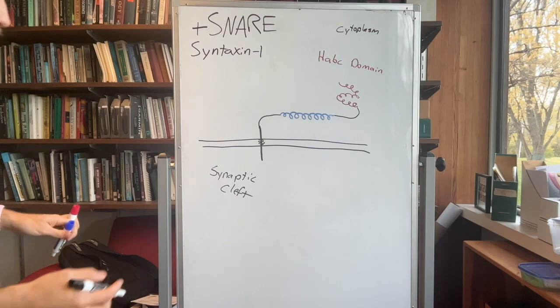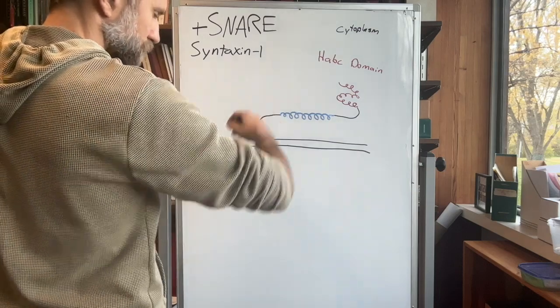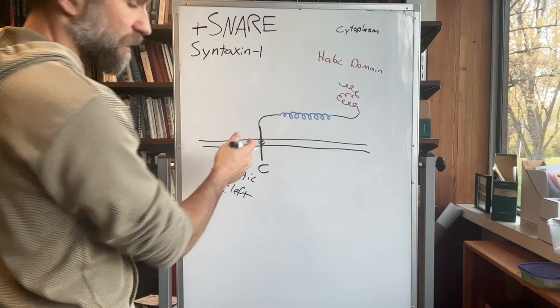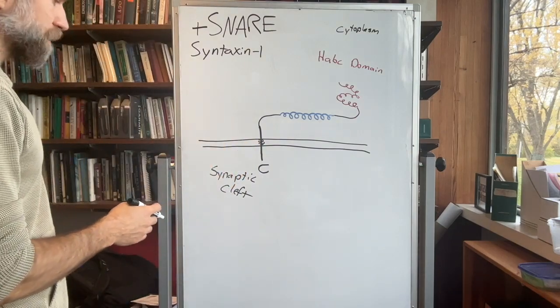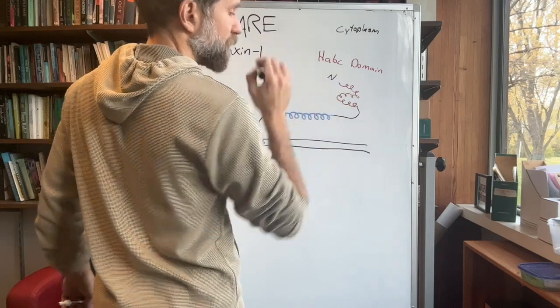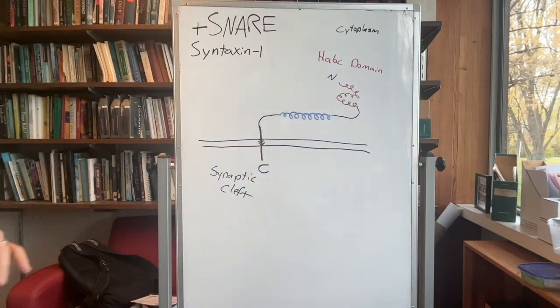Now our protein here, to orient you to the 2 different sides, this is our C terminus. This is the end of the protein that has the carboxyl group, and this must be our N terminal end, which has the amino group.